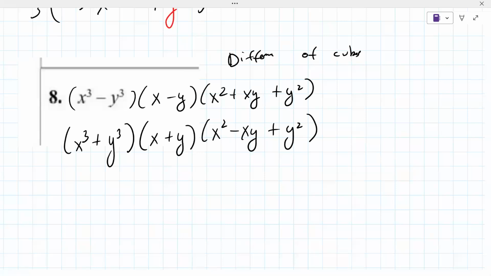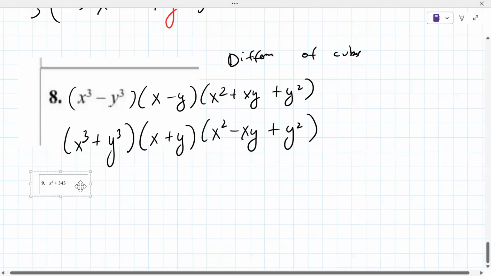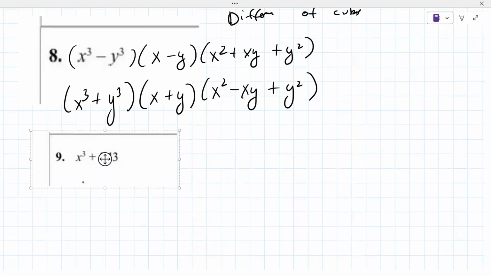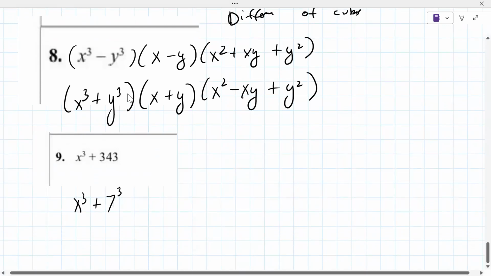You need that for a problem like 9 and 15. They're out of order, so we'll do 9 here. They're not hard if you have the formula, but you've got to know the formula. So this is x cubed plus 7 cubed. Your x is really x, the thing that you're cubing, and y is really 7.